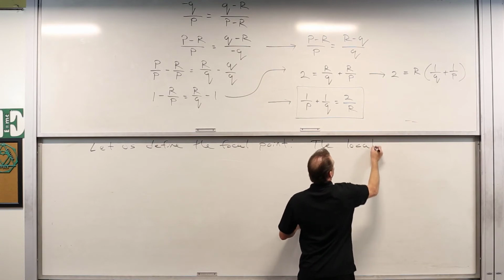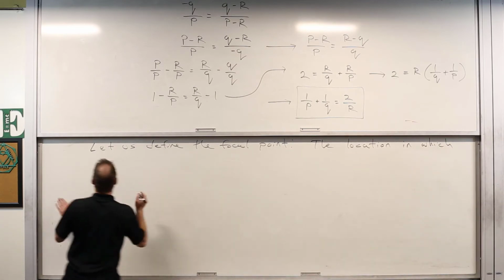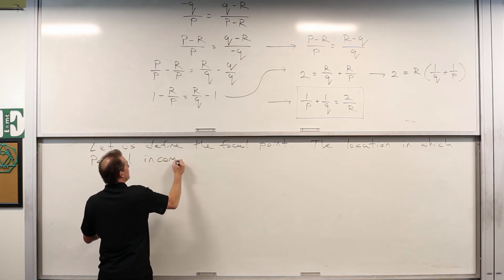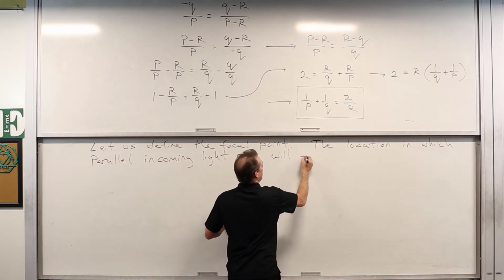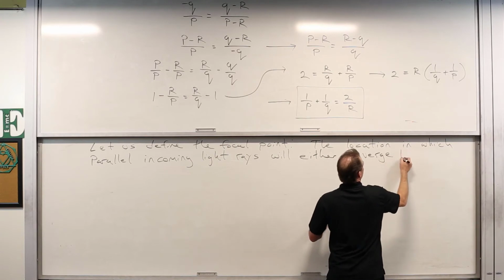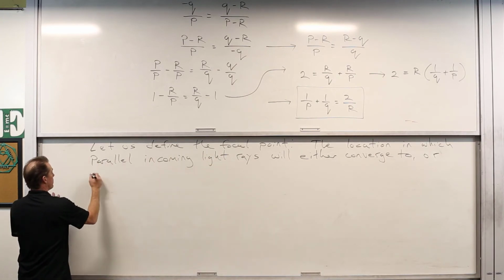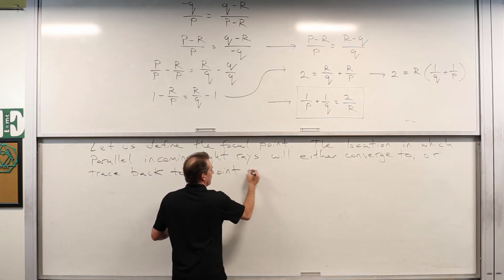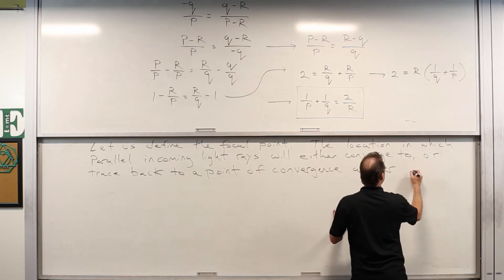It is the location in which parallel incoming light rays will either converge to or trace back to a point of convergence after the reflection has taken place.